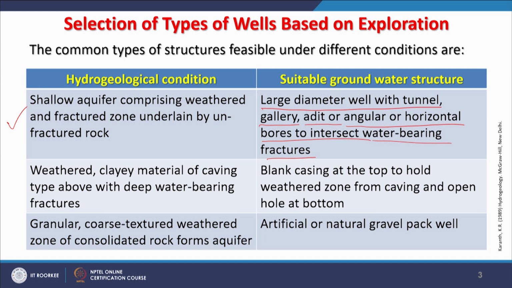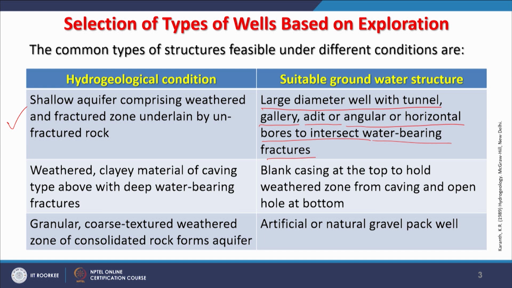So horizontal tunnels, galleries, adits and angular or horizontal bores will be required in a large diameter well, so that more water from the surroundings can enter the well, which can then be pumped out and used.